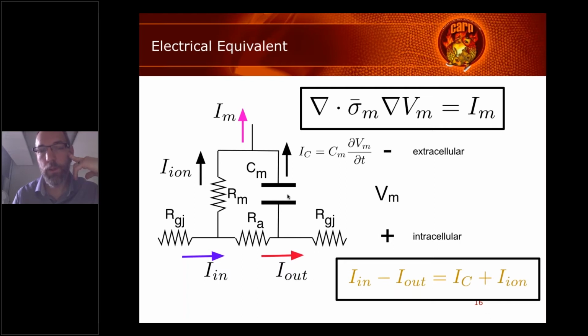It's equal to the current flowing through the capacitor plus the current flowing through any ionic channels, which RM represents. And we can write that in a differential form up at the top, which says the divergence of the gradient of the potential scalar field is the current density at that point.